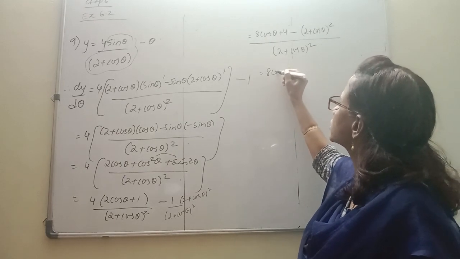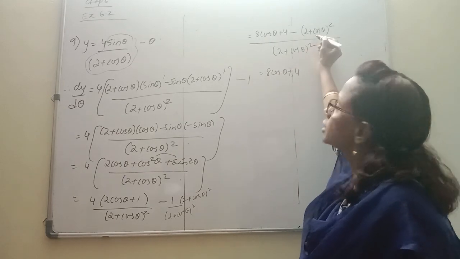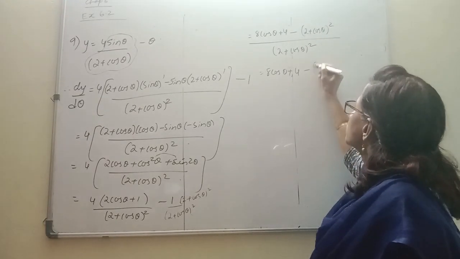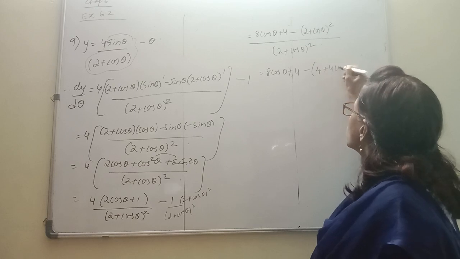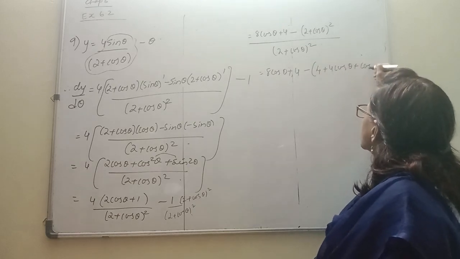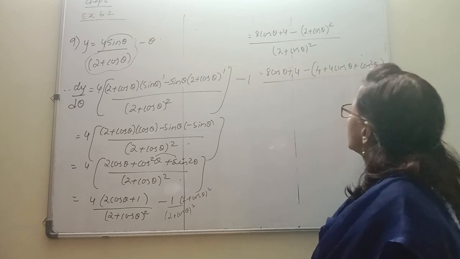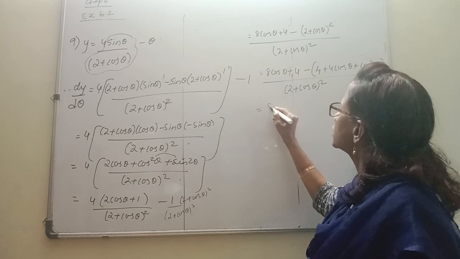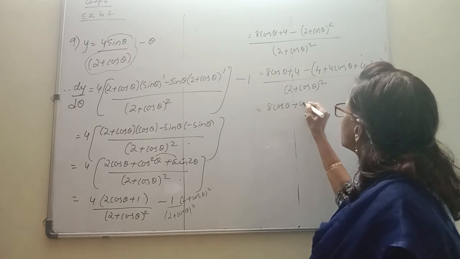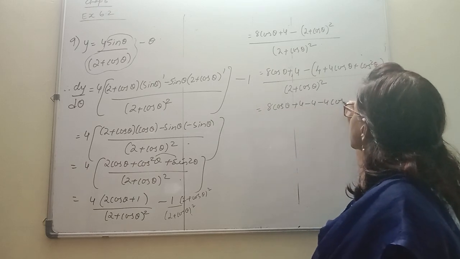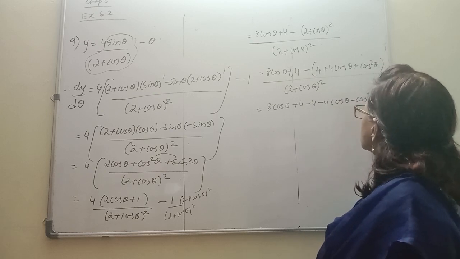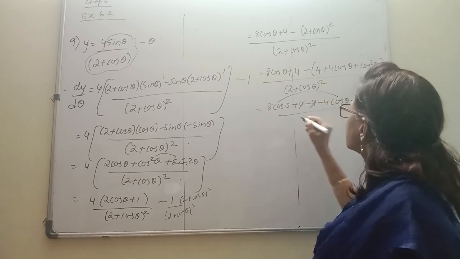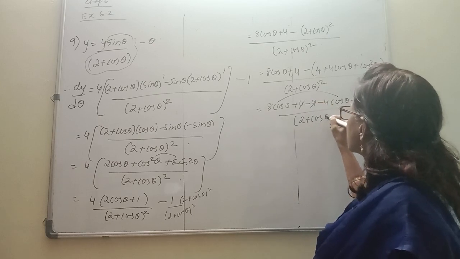It is 8 cos theta plus 4. Now this is a plus b the whole squared, a squared plus 2ab plus b squared. So that way it is going to be 4 plus 4 cos theta plus cos squared theta by 2 plus cos theta the whole squared. So that way it is 8 cos theta plus 4 minus 4 minus 4 cos theta minus cos squared theta. This can be simplified and this is cancelling, by 2 plus cos theta the whole squared.